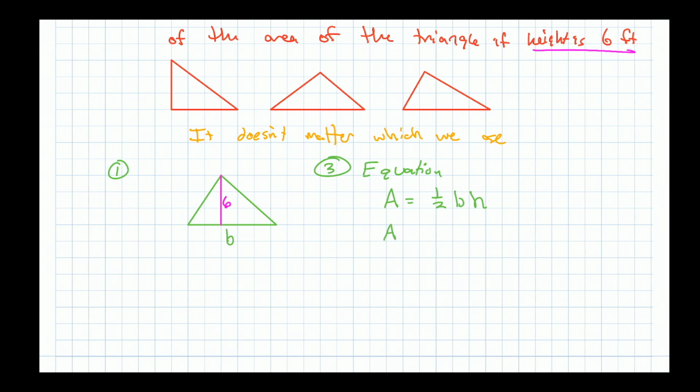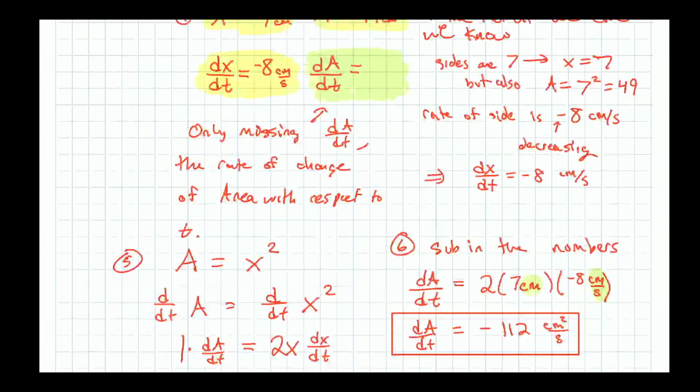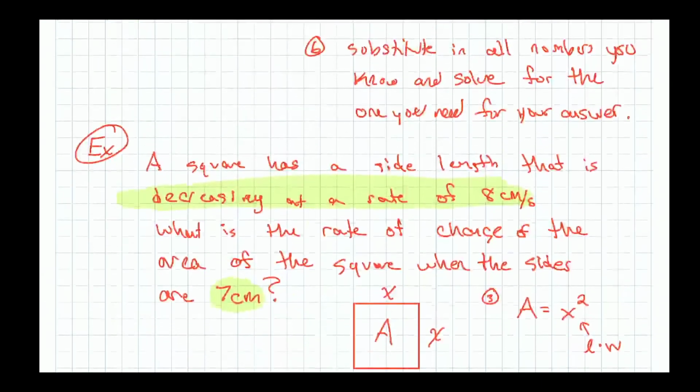So I'm just going to say 1/2 base times 6, or rather area is 3b. Now again, you could have left it in h, but it makes the derivative harder in the next step. So that's why I did not. We knew it was 6, so put in 6 right now. But you can only do that if it's not changing.